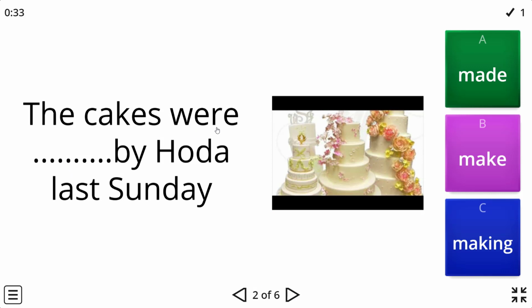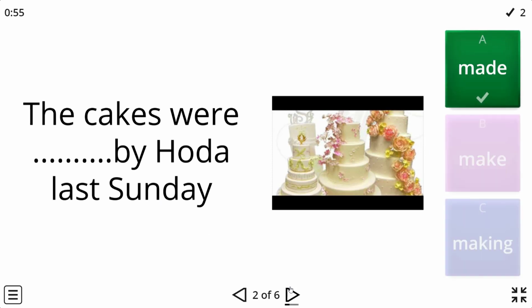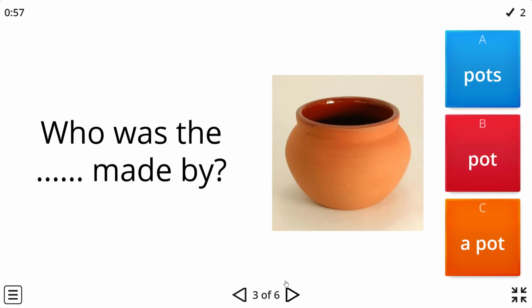The cakes were made by Hoda last Sunday. After were we put, yes, the past participle. Who was the pot made by?